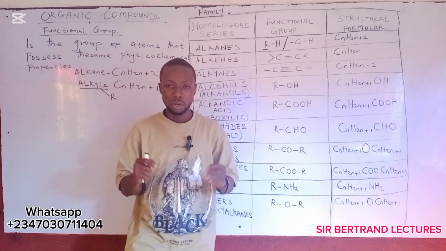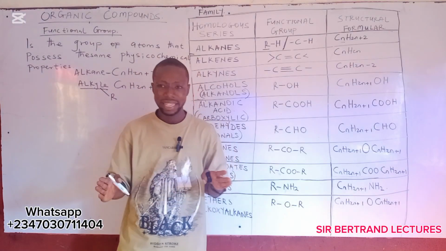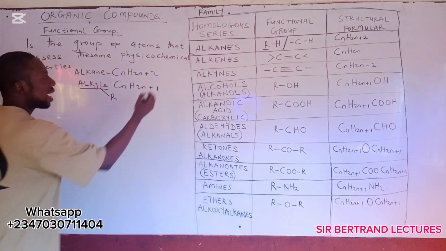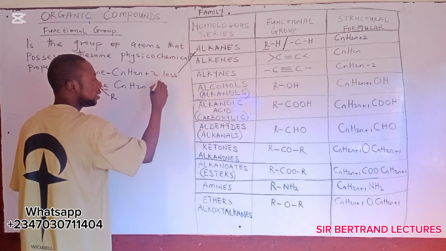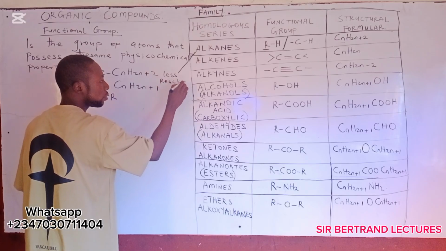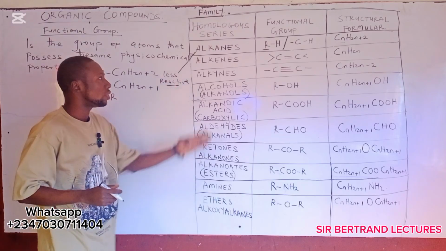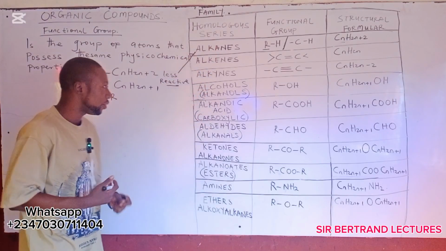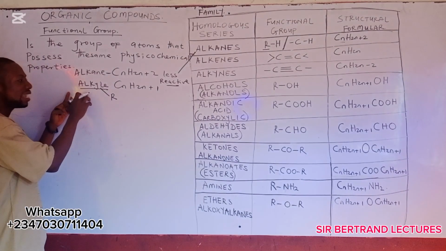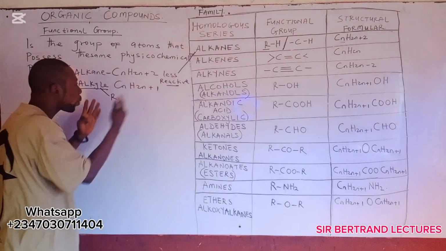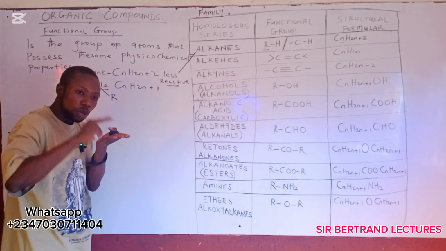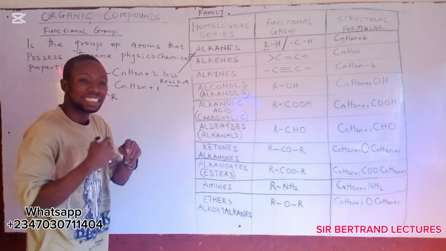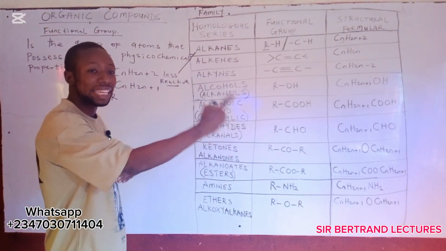The basic difference between alkane and alkyl is that alkane is less reactive. We are going to talk more on this alkane in our next video. Then alkyl here, because it has lost one hydrogen atom, has one hydrogen atom fewer than its corresponding alkane.